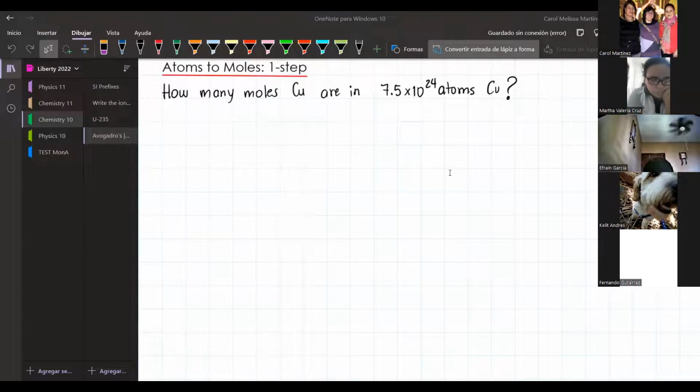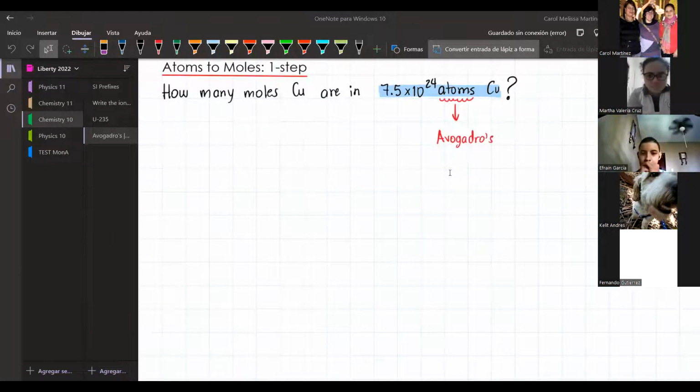I'm talking to you about atoms, okay? This number, 7.5 times 10 to the 24th power atoms. The word atoms is going to tell you that you have to use Avogadro's number.